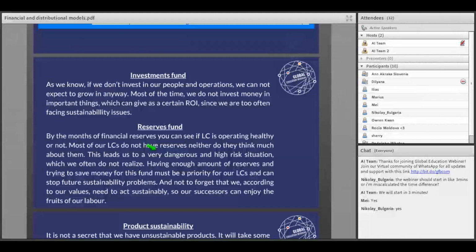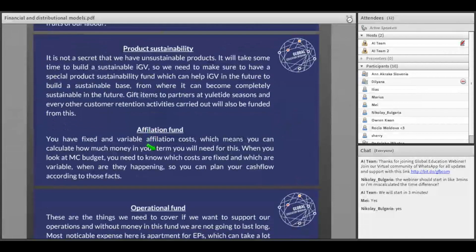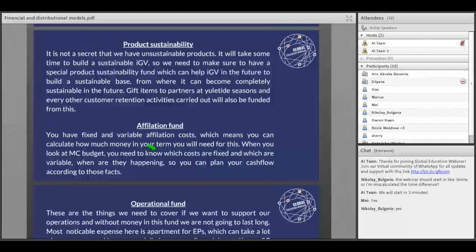However, without that much reserves, this would lead us to a very dangerous and high-risk situation which we don't often realize. Most of the time, this could come from conference losses or other accidents during the exchange realization. Having enough reserves and trying to save money for this fund must be a priority of LCs in the long run.